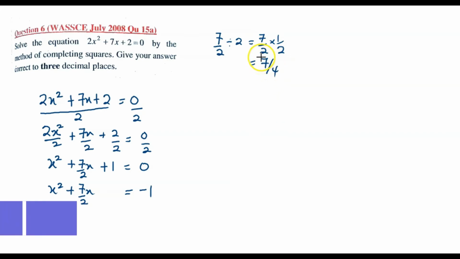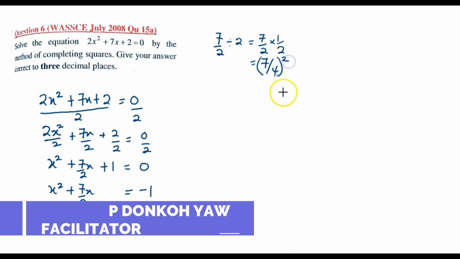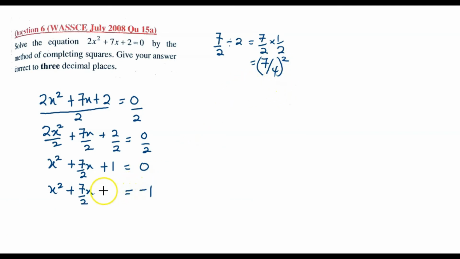Then we square the whole value and add it to both sides of the equal to sign. So we have plus 7 on 4 all to the power 2. We do the same on the right hand side of the equation, that is also 7 on 4 all to the power 2. With this operation, the left hand side has become a perfect square.